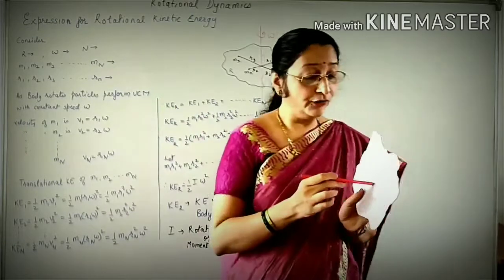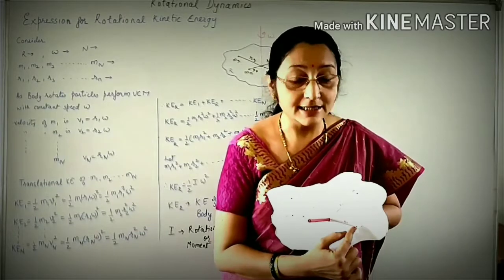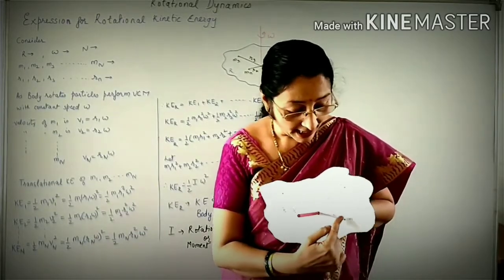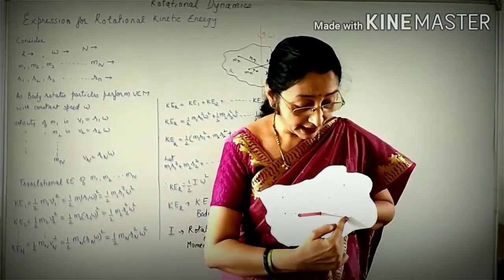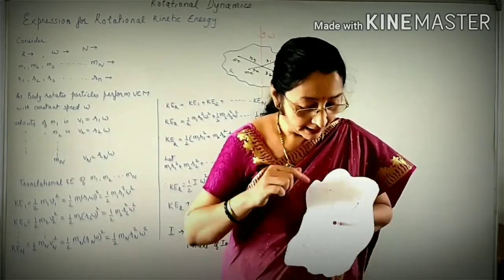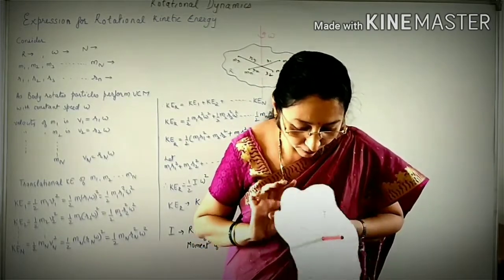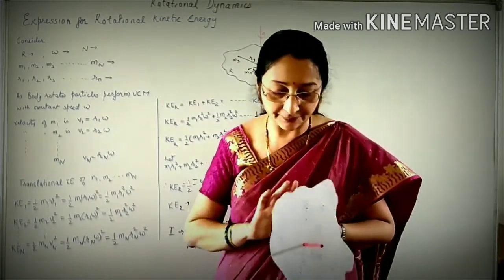Now, when this rigid body starts rotating about this particular axis of rotation with angular velocity omega, every particle of the rigid body will move in circles. This m1 will move in circular motion. The m2 particle will also move in circular motion when the rigid body is rotating.